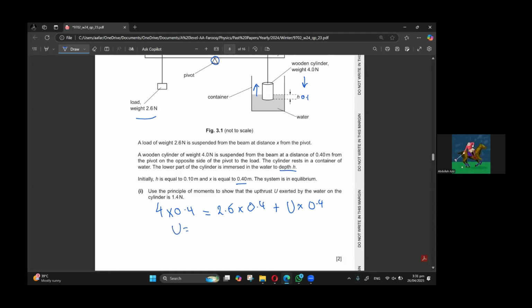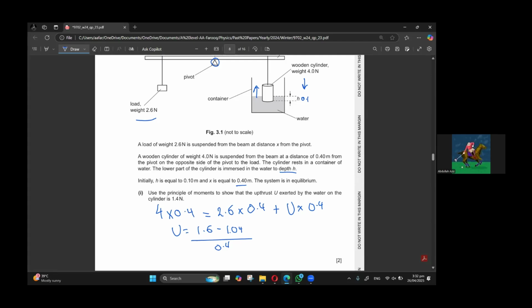U is equal to 1.6 minus 1.04, divided by 0.4, which is 1.4 Newton.